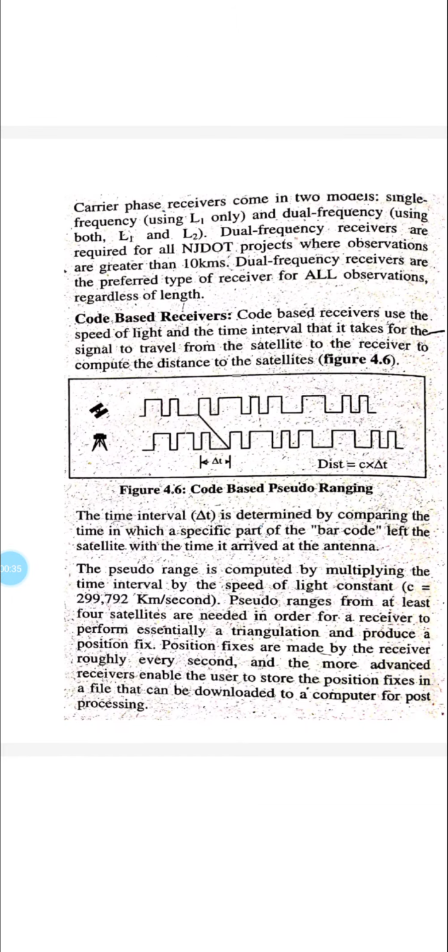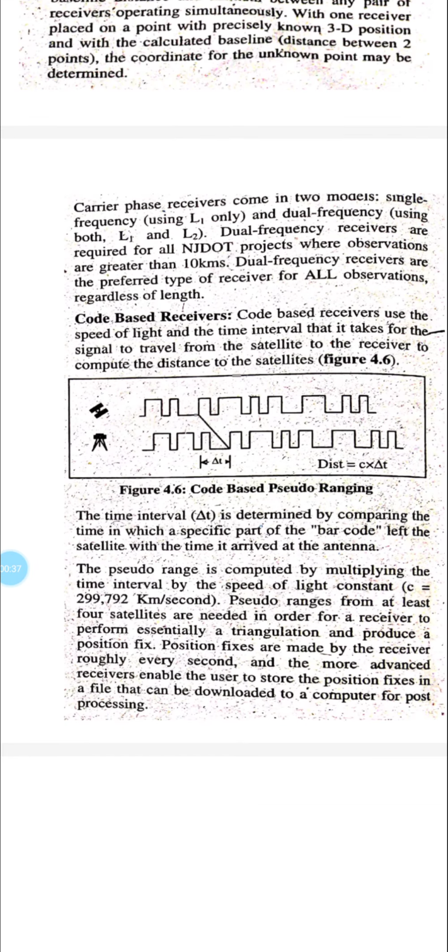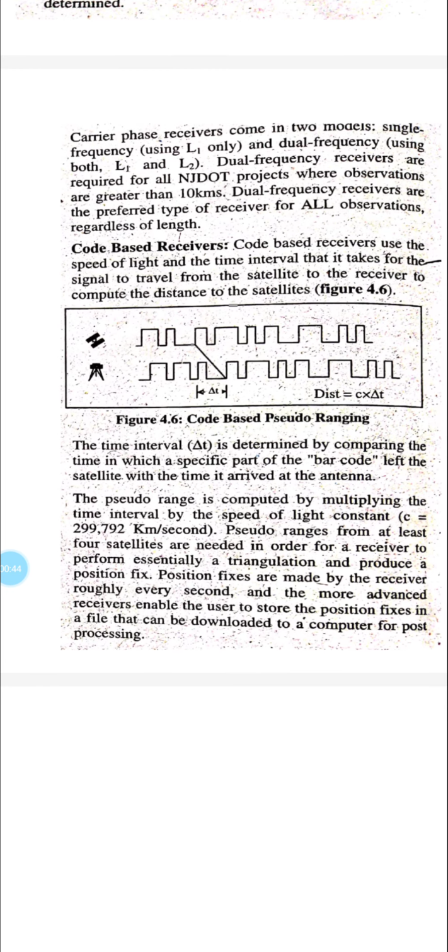Okay. So how do we calculate this time interval delta t? The speed of light is already known. Speed of light C is 299,792 km per second. So how do we calculate delta t? Delta t is determined by comparing the time at which a specific part of the code, code meaning information, left the satellite with the time it arrived at the antenna.